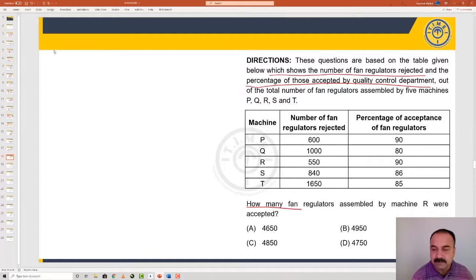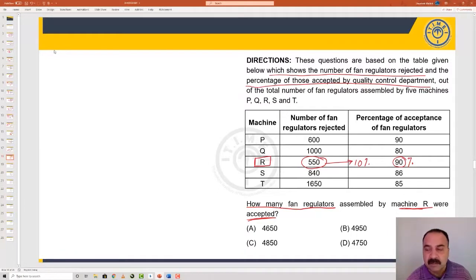How many fans and regulators assembled by machine R were accepted? Now 90% were accepted for machine R, and this number is for rejected. So if 90% is accepted, this is 10%, which is the rejection out of the 100%.